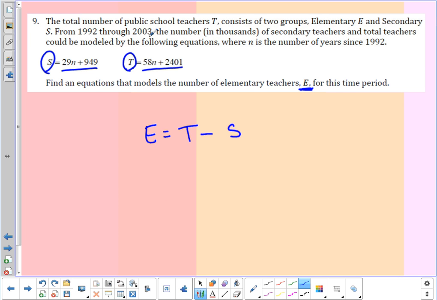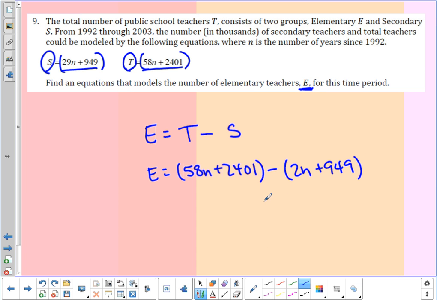Well, now I know that total equals this, so I'm going to plug that in. The 58n plus 2,401. And the secondary is this, so I'm going to plug that in, minus, put it in parentheses. I need to make sure I put it in parentheses because I'm subtracting this whole thing.